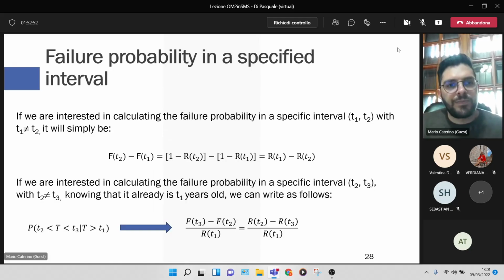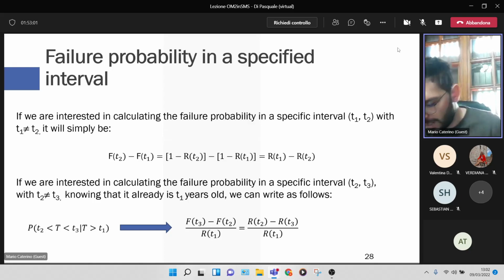Now, maybe I can try to do this on the electronic board. We can try to develop this together, also to make an example. So I will stop sharing the screen, and I will open another screen with the electronic board.